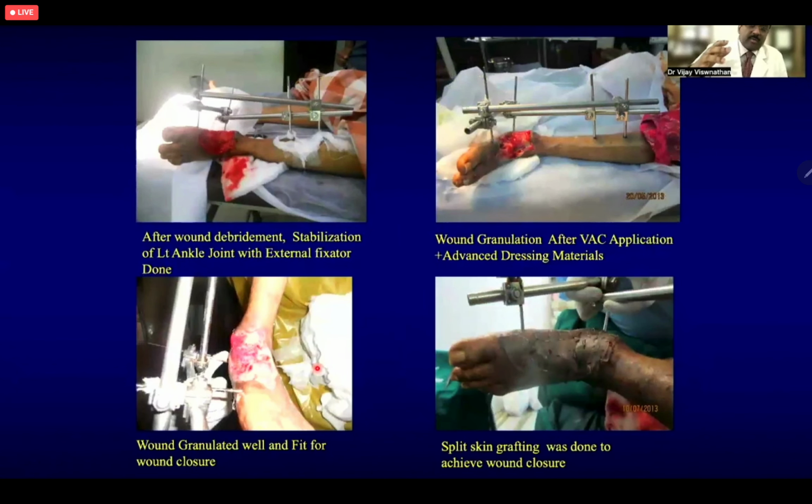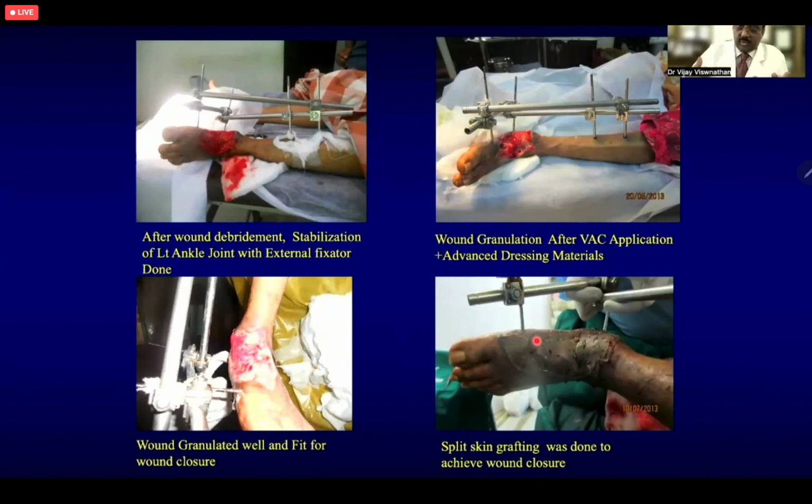So you need a vascular surgeon, a podiatric surgeon, and now we have called in an orthopedic surgeon. And finally, as you can see here, we've done a skin grafting of the wound, and that requires a plastic surgeon again. So it is a multidisciplinary approach which will help in saving limbs. That's the main message I would like to give from my talk today.